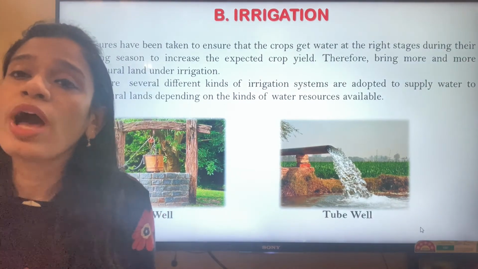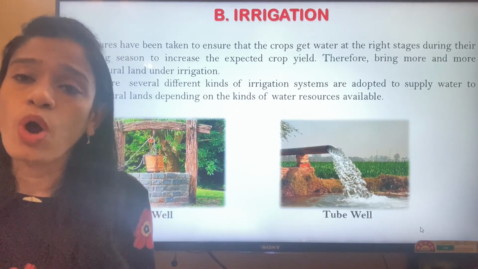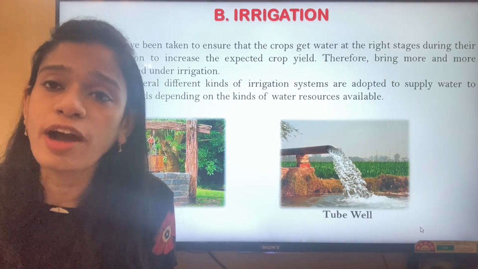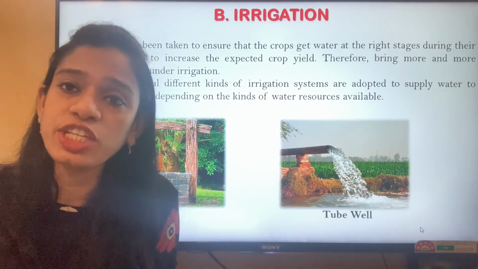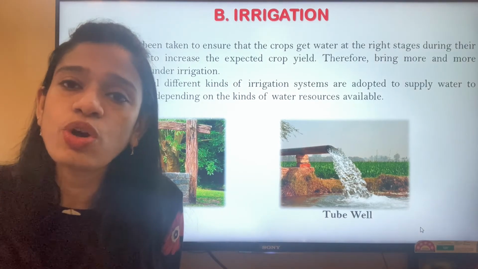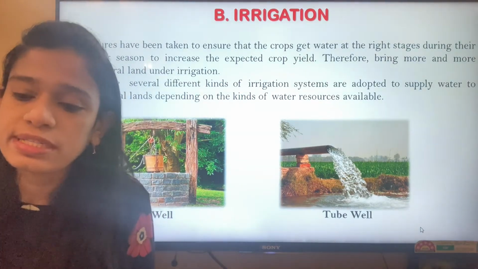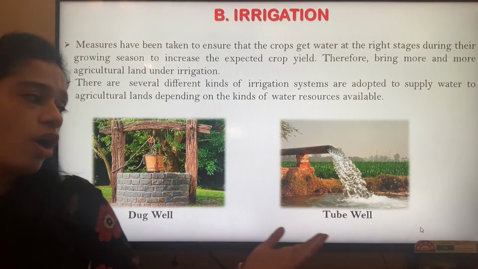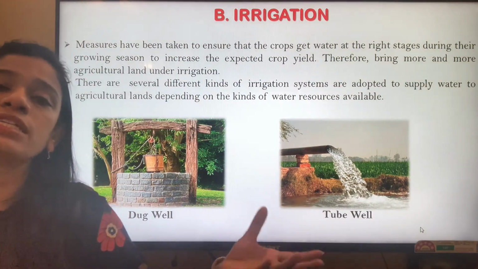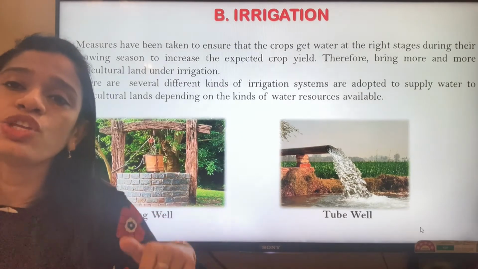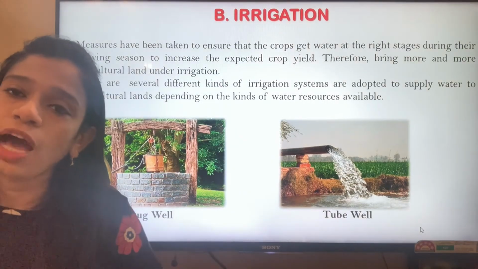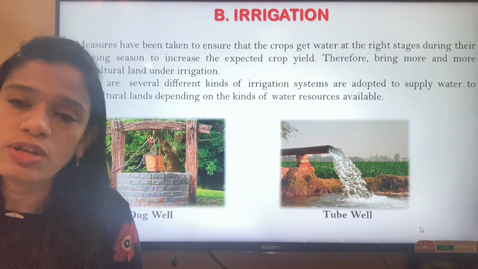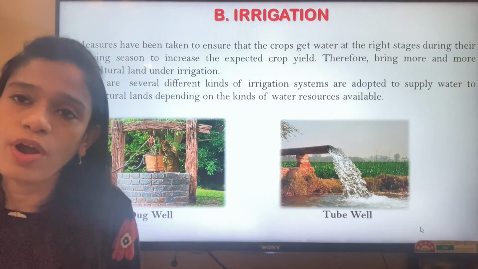Many times it so happens that there is no water stored. It is mostly the groundwater that we have to take in and use for irrigation. So in that case, we can use a well, that is a dug well or a tube well. That is, we have to dig down into the ground for quite a long way, and then we get the groundwater.